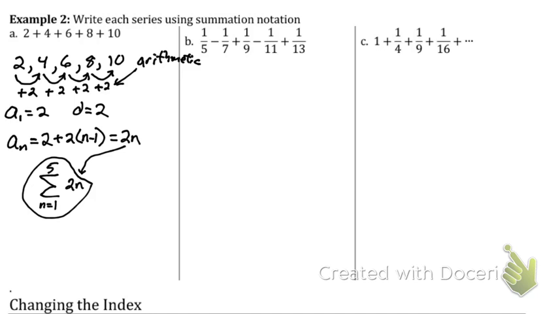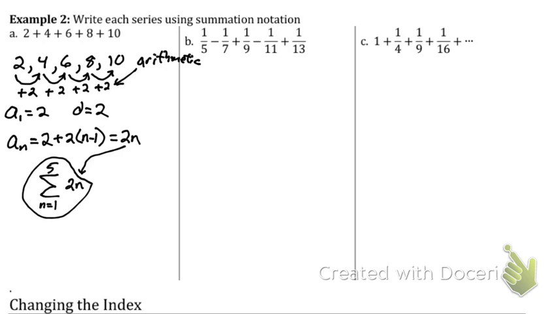Because we can take care of that by doing negative 1 to the n minus 1 or negative 1 to the n. That will tackle going from positive 1/5 to a negative 1/7 to a positive to a negative.